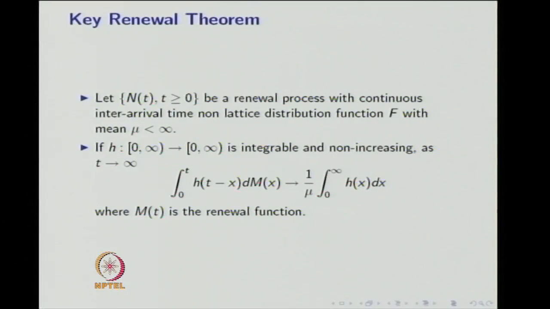So as t tends to infinity, whenever the integrand is an integrable and non-increasing function, and the integration is with respect to the renewal function, and the corresponding renewal process has a non-lattice distribution for the interarrival time, then this integral will be 1 divided by mu times the integral from 0 to infinity of h of x dx.